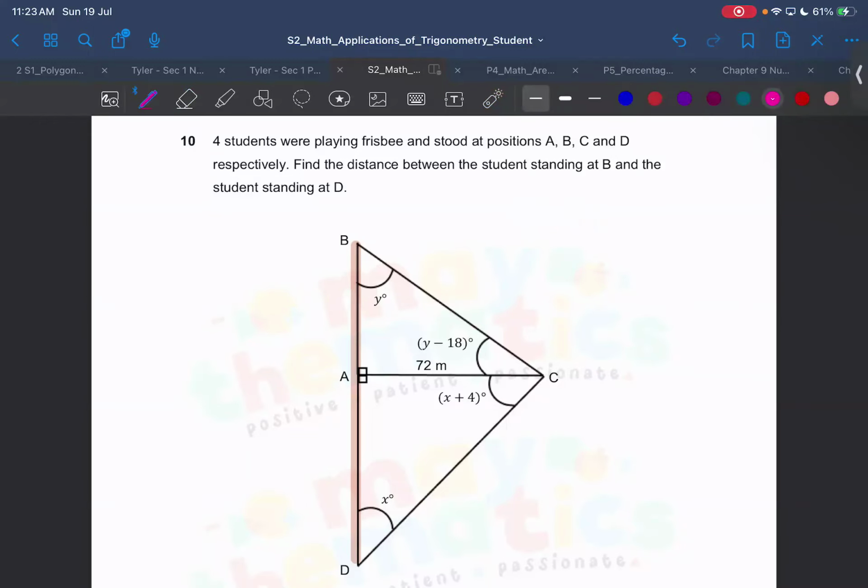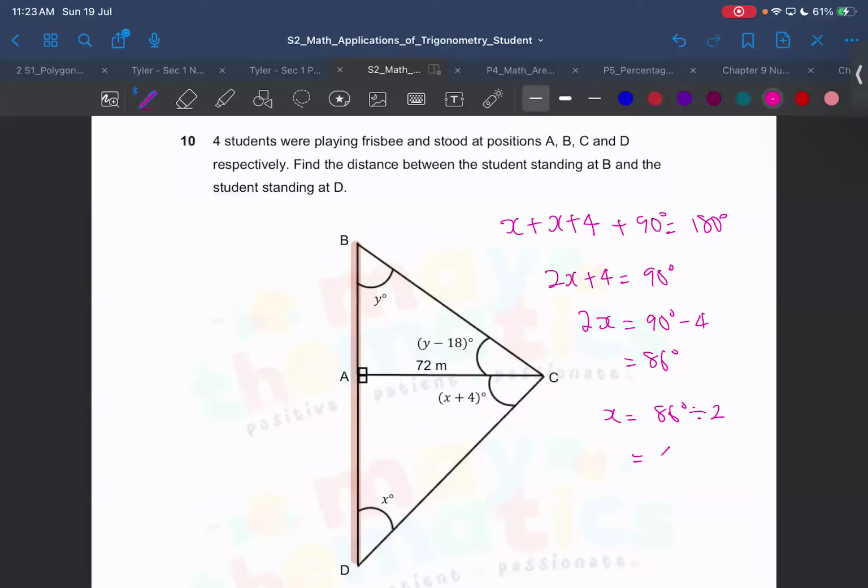Correct. But you can also do this: x plus 4 plus 90 will technically give you 180. So that means 2x plus 4 equals 90. So 90 minus 4, you will get 86. Then x will be divided by 2.